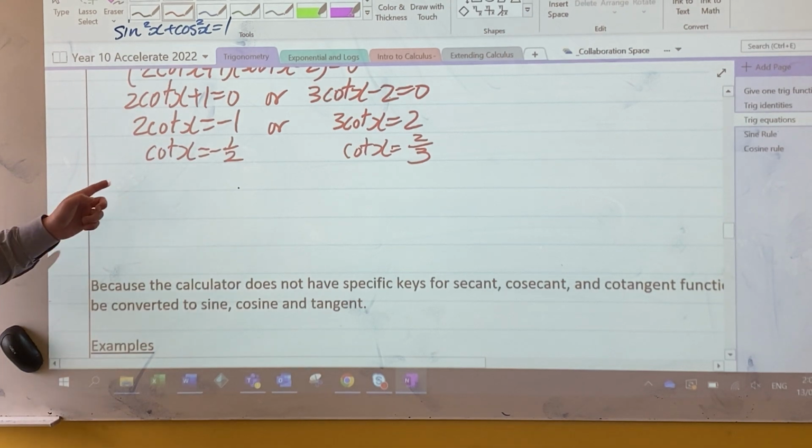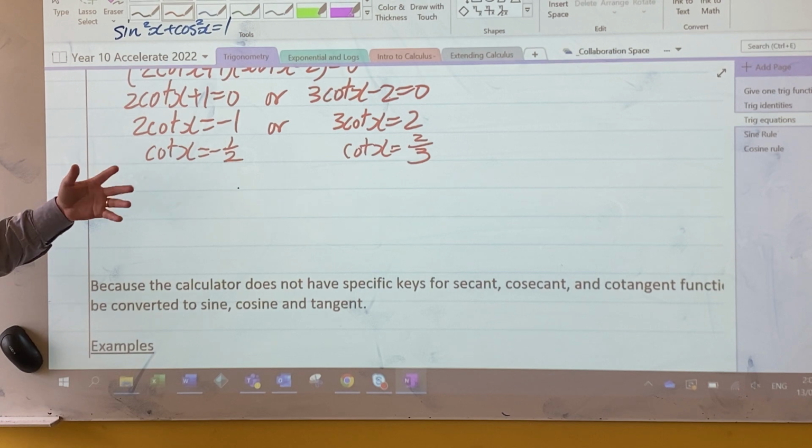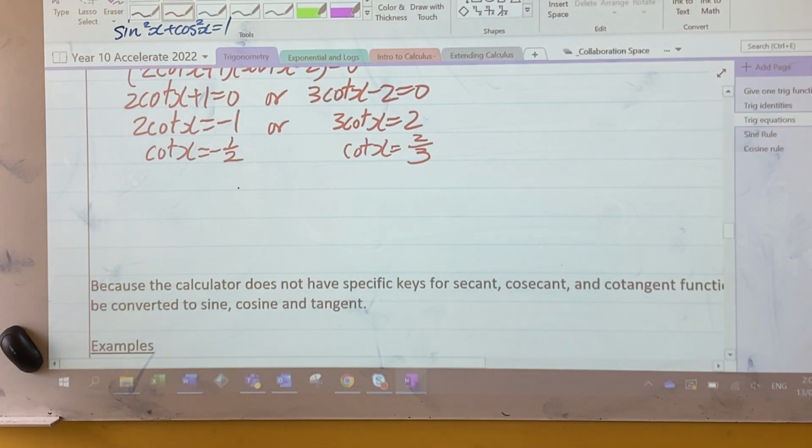You notice that we are dealing with cot, not tan, so it's better to change into tan, which we are more familiar with, rather than this reciprocal function. Because cot x is negative half, what does tan mean? Negative 2. Very good. And this one, tan x is 3 on 2, just reciprocal. Then it becomes one of the questions we did earlier.